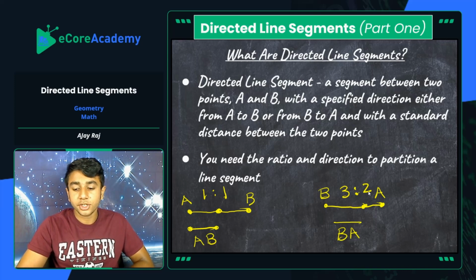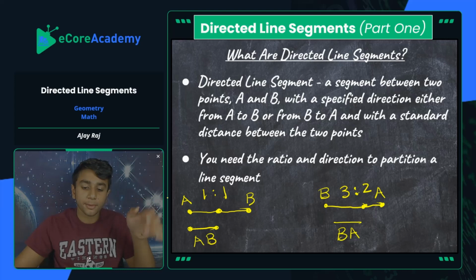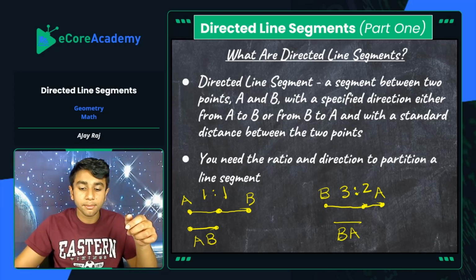So that's what your partitioning ratio gives you. It starts from your first point, whatever you clarify. For example, we have line AB. It's going to start from point A and move one partition here and one partition there. But if you look at line segment BA, we're going to start from B and move 3 over and then 2 over.